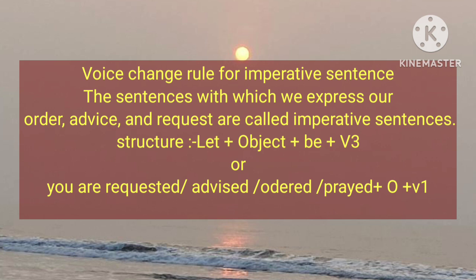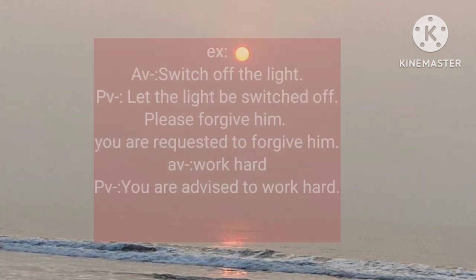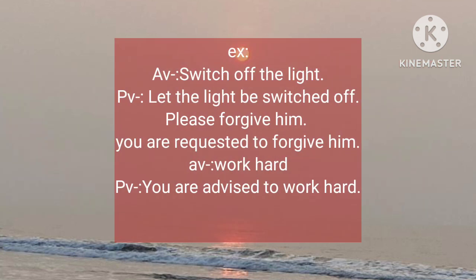Let's take an example. Switch off the light. It is an imperative sentence and its passive will be: let the light be switched off. Let plus object, the light, plus be plus verb third form, switched off.